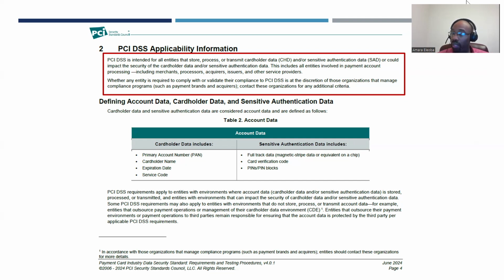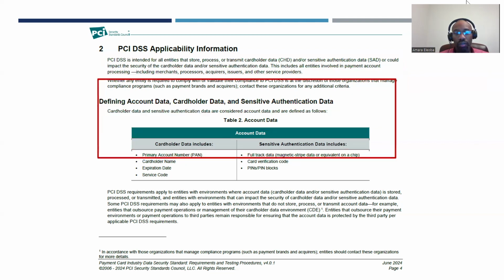And if they're not PCI compliant, you have to make sure that you are assessing these controls, because not all organizations might have the funds to be assessed as a PCI service provider. Now, let's go to the definition.